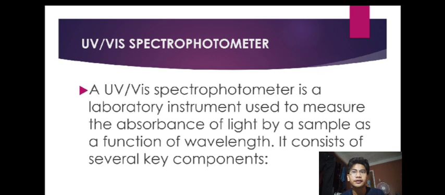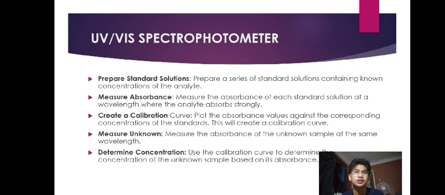Then we will create a calibration curve, which is a plot of the absorbance values against the corresponding concentrations of the standards. And we will measure the absorbance of the unknown sample at the same wavelength. And lastly, we will determine the concentration of the unknown sample based on its absorbance, using the calibration curve.